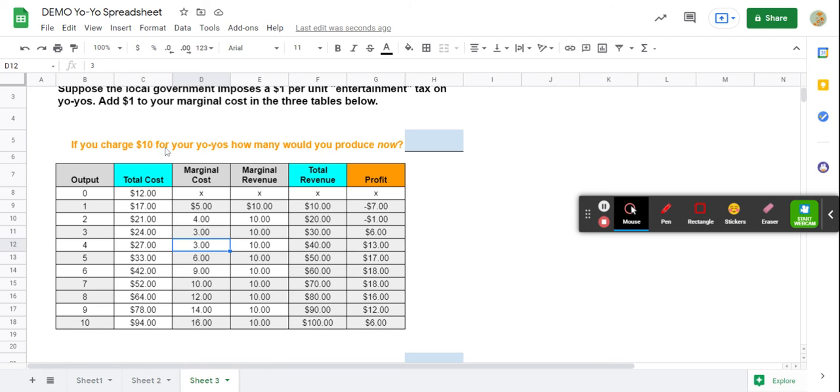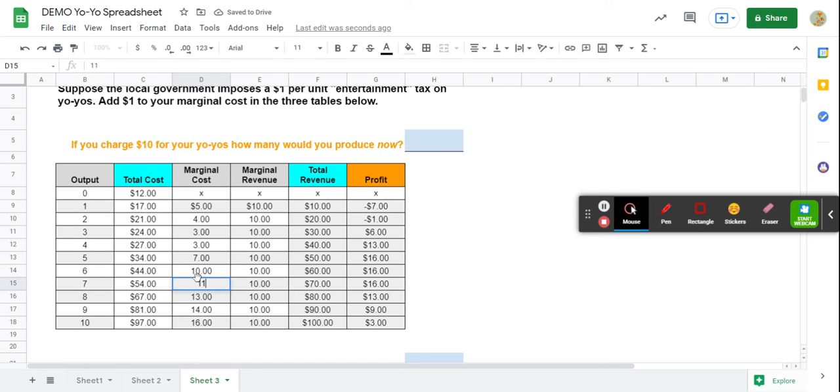So it says if you charge $10 for your yo-yos, how many would you produce now? So you'll notice as you go through and you add $1 at each point, you're no longer going to want to, that's only $10, not $100. There we go. You're no longer going to produce the same amount of yo-yos.